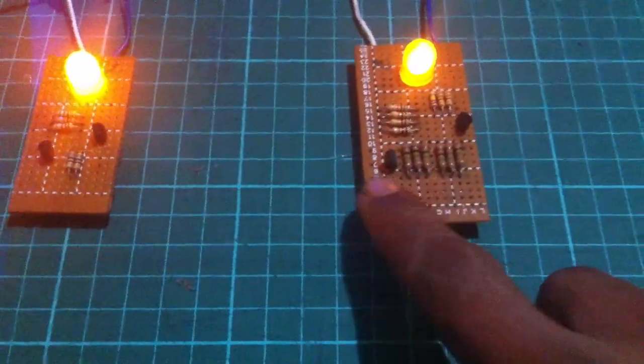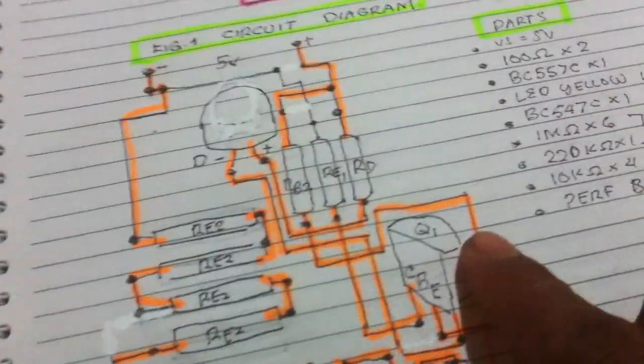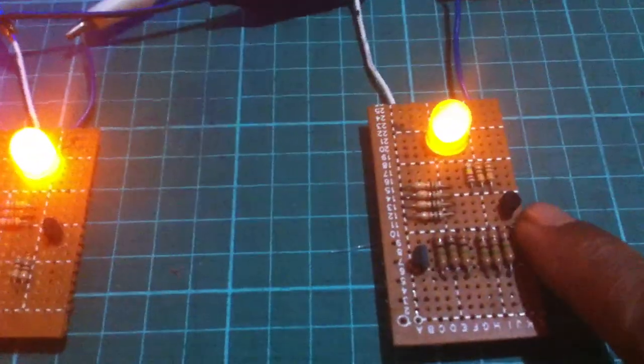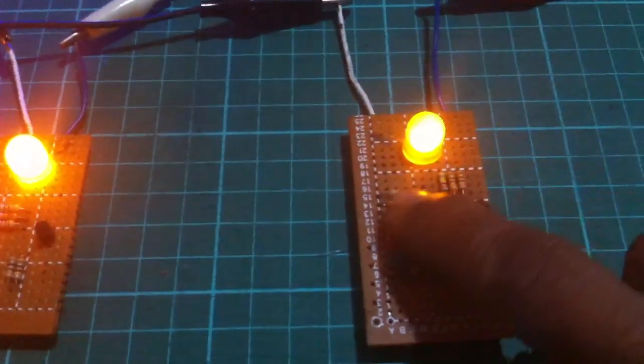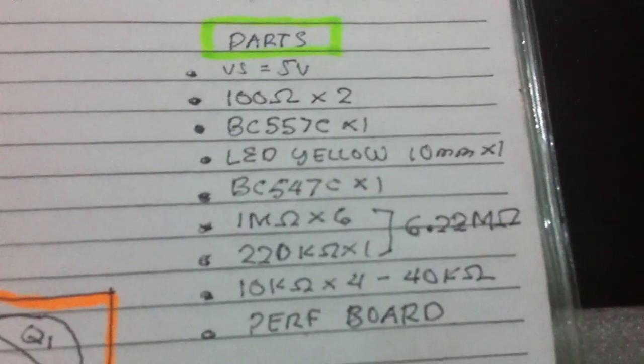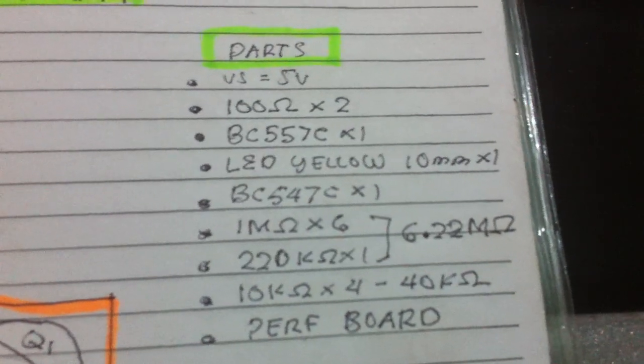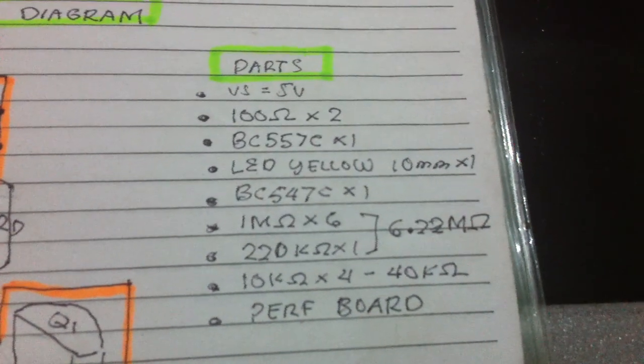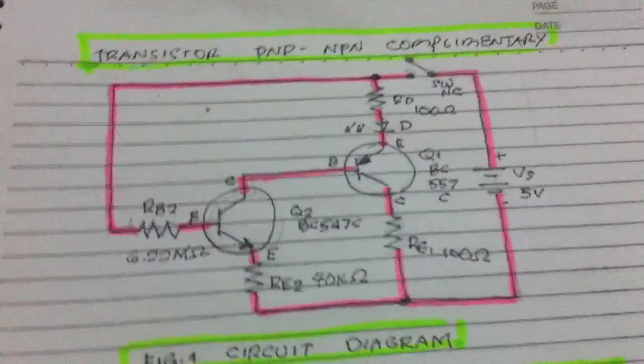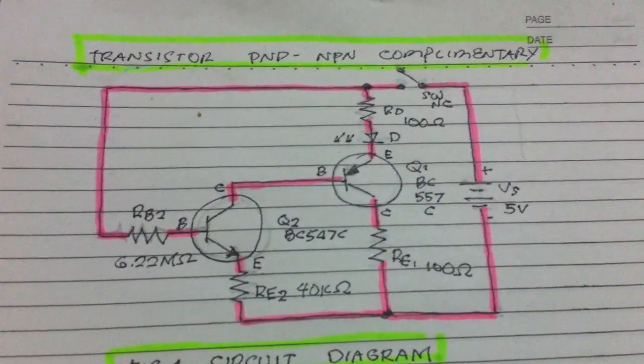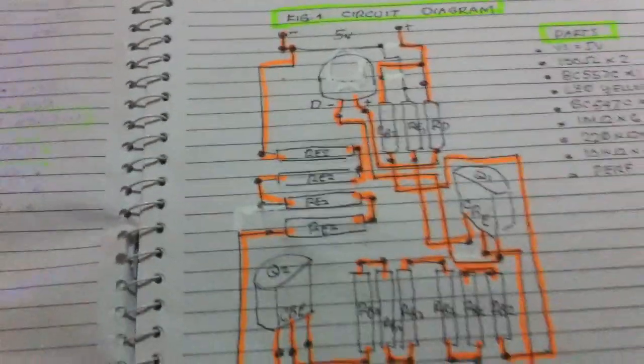We have resistors, transistors, and an LED. That is the circuit diagram, and that is the layout, and we have the parts here.